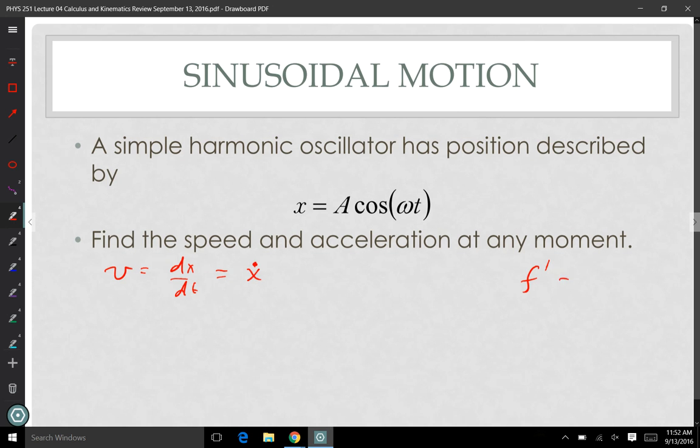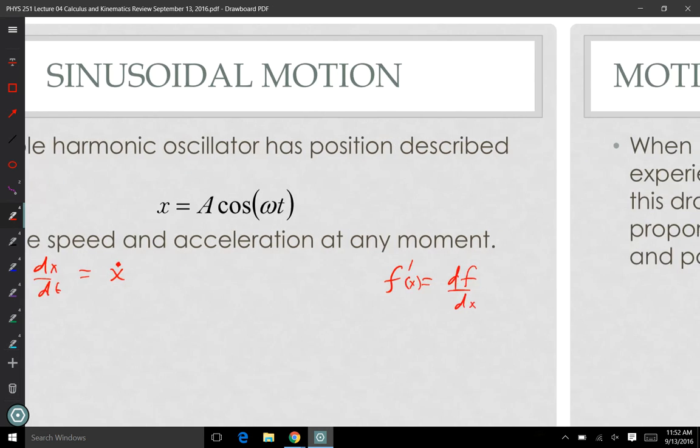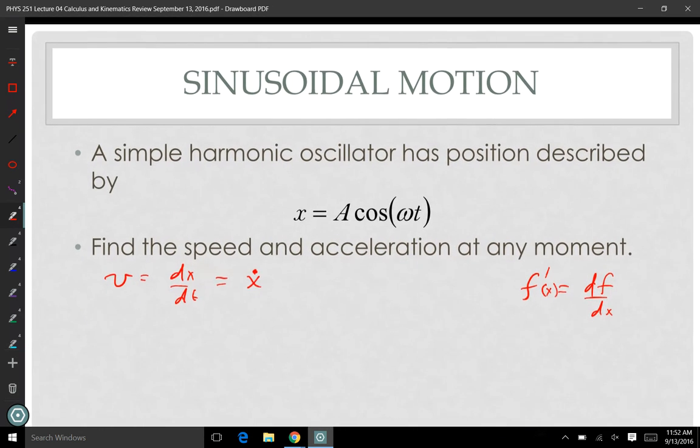In physics, that is very specific. That's df/dx. That's a position derivative if it has a prime. It's a time derivative if it has a dot. And of course, that better be f of x. If it was f of y, you wouldn't do df/dx. So that's just a shortcut that you may see me use from time to time.